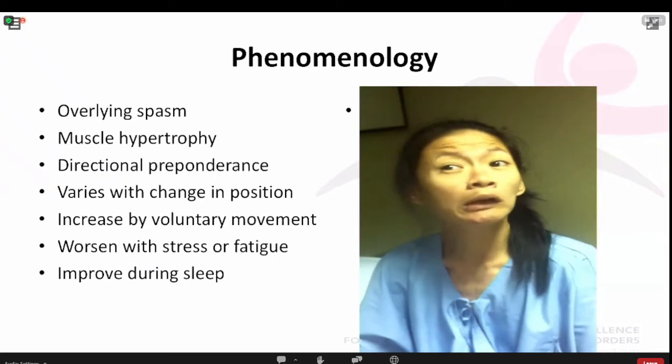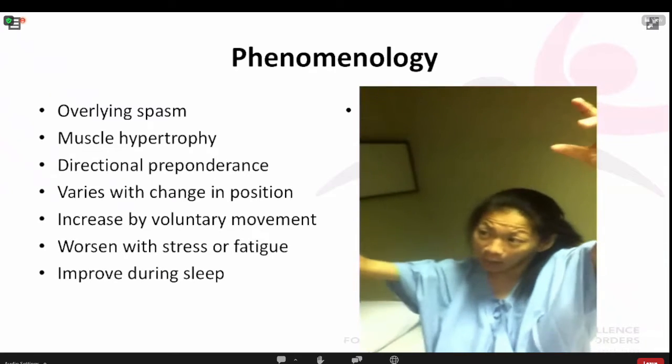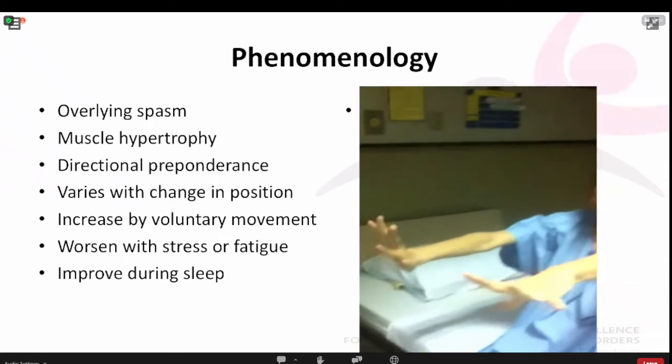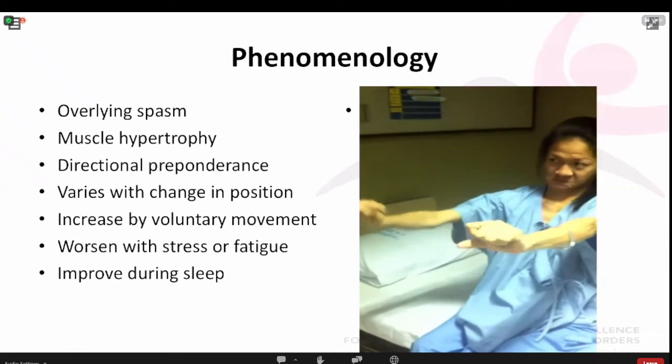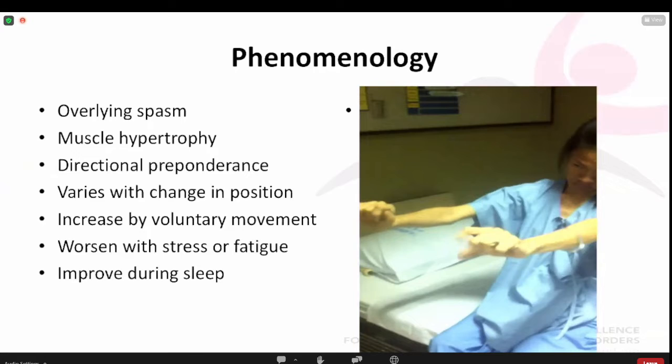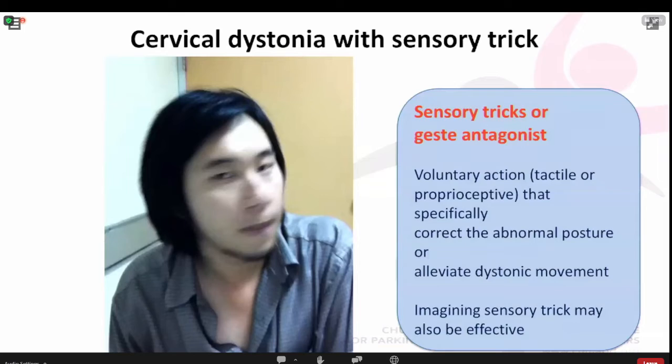Usually dystonia increases with voluntary movement. Sometimes it worsens with stress and fatigue, and sometimes it improves during sleep. For cervical dystonia, sometimes we will see an interesting sign. This is called a sensory trick.